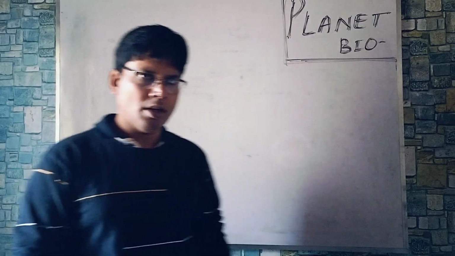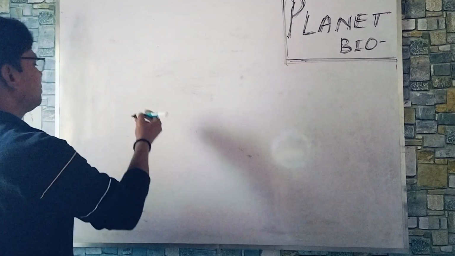Now we have to mention or write the characteristic features and classification of these classes, and in addition to that we have to write the biological and common names of the fishes belonging to these classes. Now you listen to me carefully.